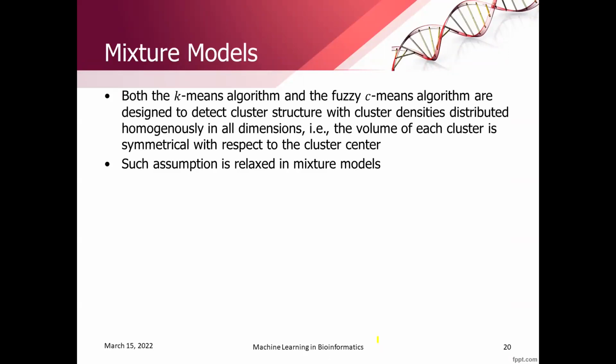This means that we assume that all these clusters are homogeneous in all directions. So roughly speaking, the clusters should be symmetric, and all of them should have the same, let's say, within-cluster dispersion. But this is usually not true for real data. In real data, we sometimes have small clusters and bigger clusters with different density of observations.